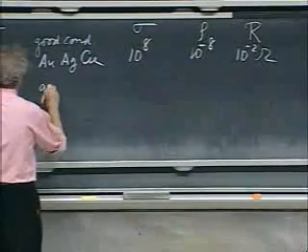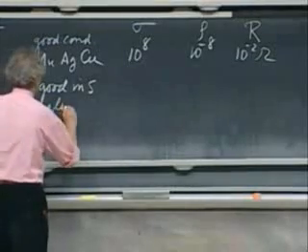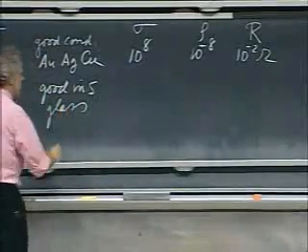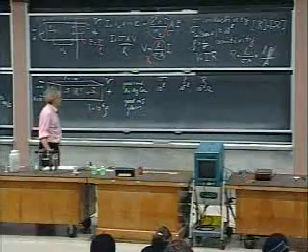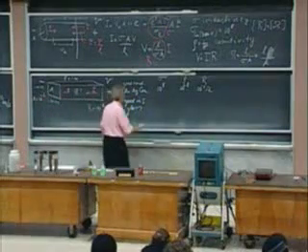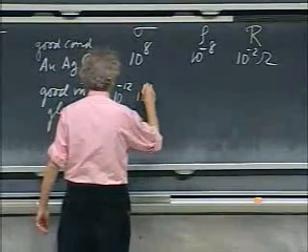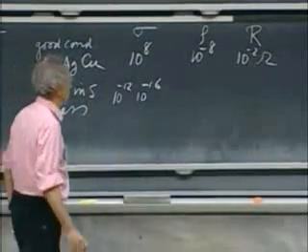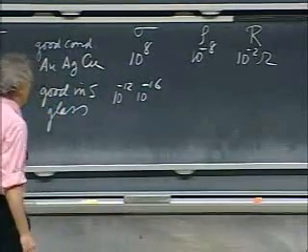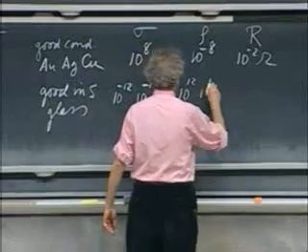Let's now take a very good insulator. Glass is an example. Quartz, porcelain, very good insulators. Now sigma, the conductivity, is extremely low. They vary somewhere from 10 to the minus 12 to 10 to the minus 16. So rho, the resistivity, is something like 10 to the 12 to 10 to the plus 16.